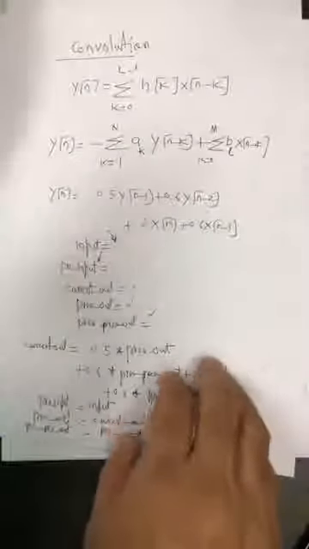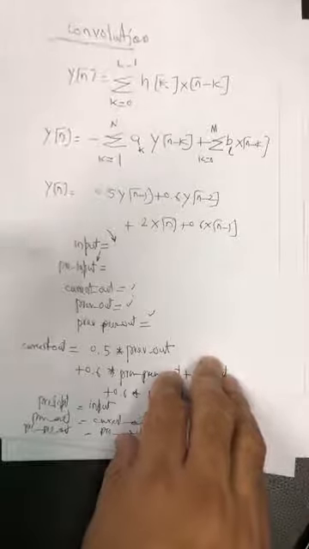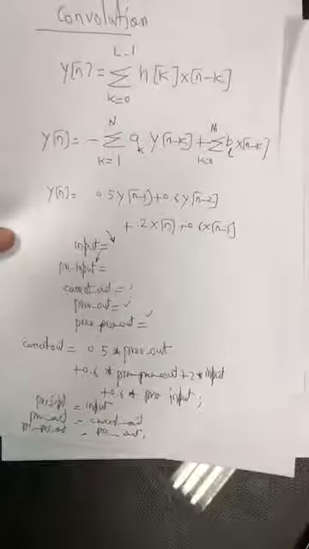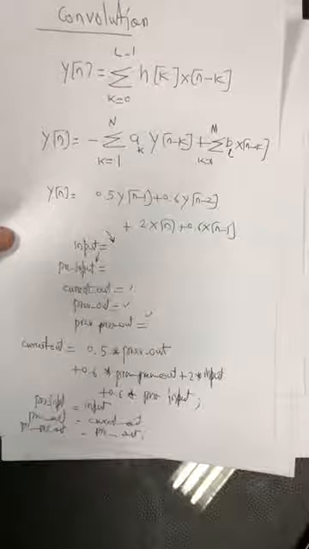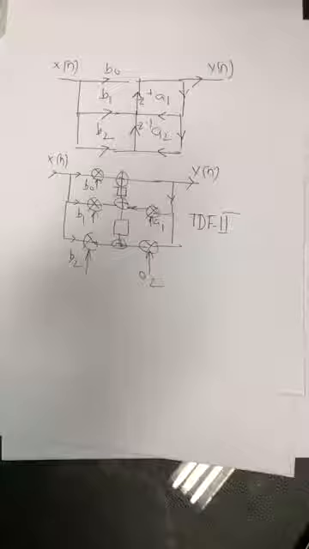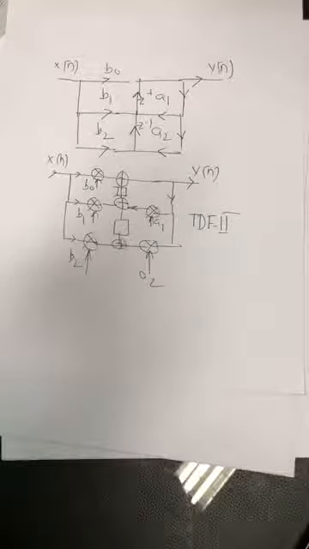But if you have learned signal processing, you say, no, let me explore other architectures. So you explore the first architecture, which is the direct form 1 architecture. Then you explore direct form 2 architecture. Then you explore transpose direct form 2 architecture.